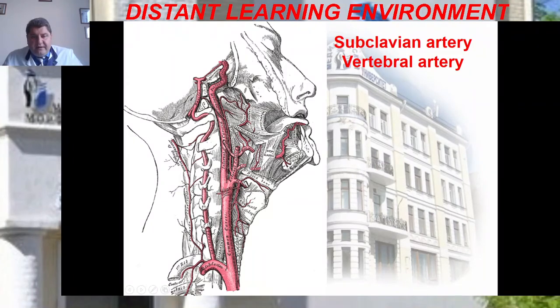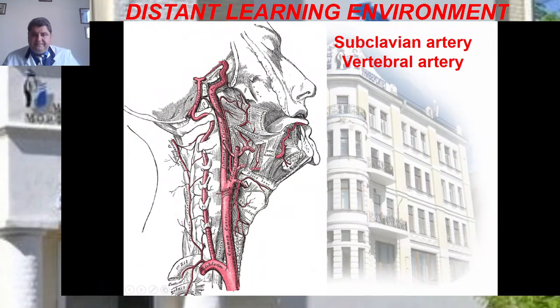So from this part, the sixth cervical vertebra, to the second cervical vertebra, the second part of the vertebral artery passes.